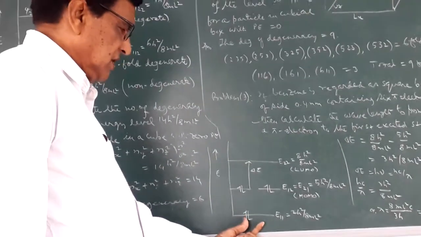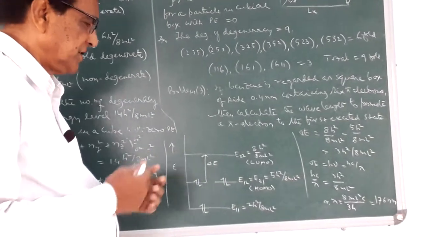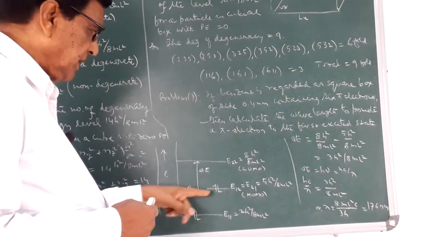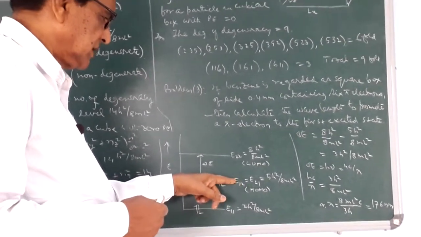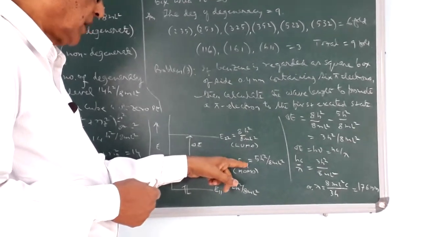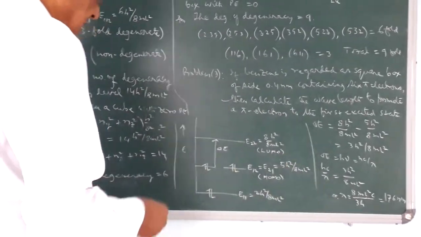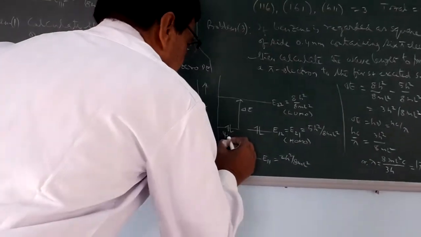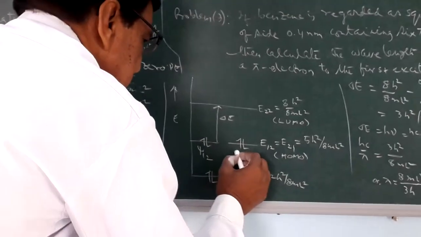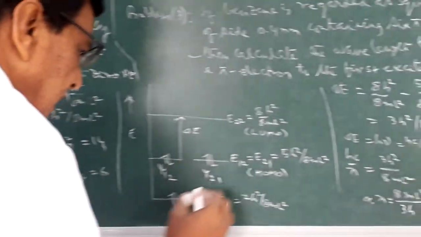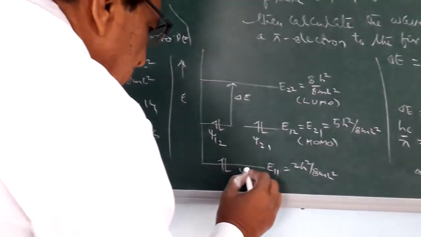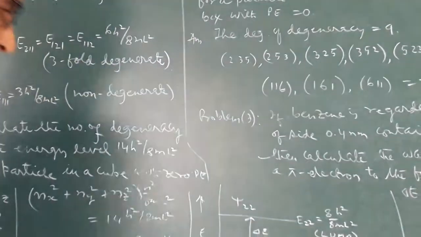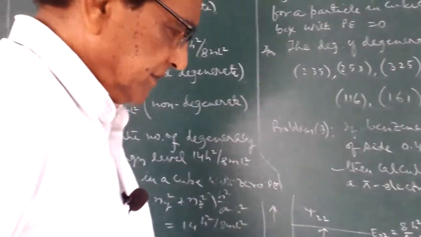This is the ground energy level, lowest energy level, zero point energy, and for the next state it will be E12 and E21, both having the same energy, and this may be taken as wave function psi 12, and this is psi 21. So this is doubly degenerate.